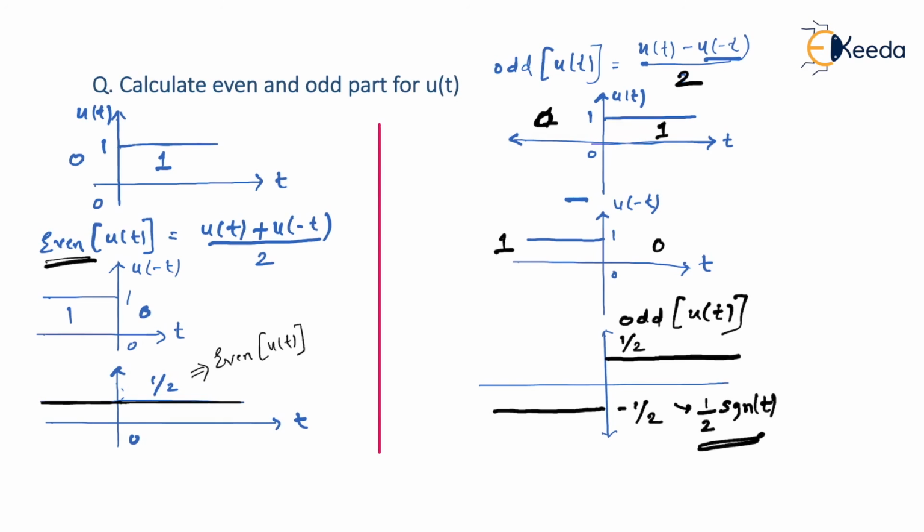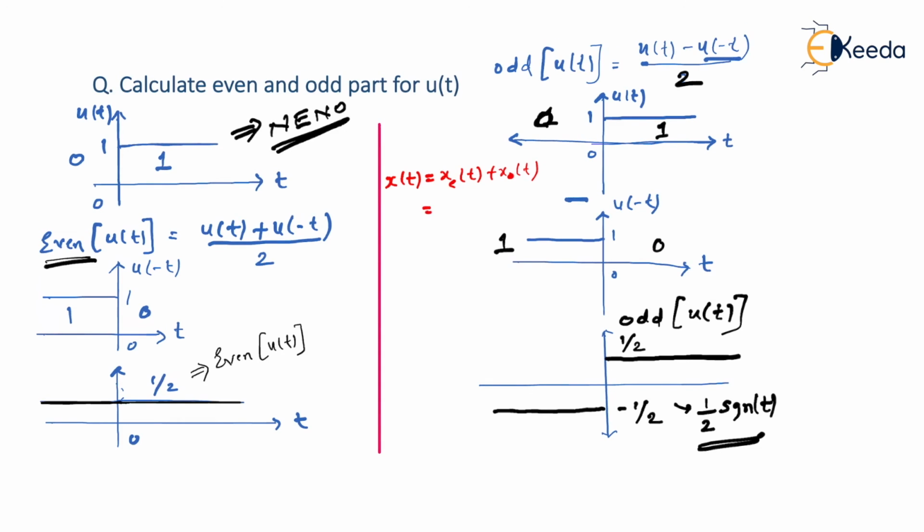So as we said earlier, if the given signal is neither even nor odd, then the given signal can be expressed as the summation of an even signal and an odd signal. That is, if the given x of t is neither even nor odd, we can write x of t as the even component of x of t plus the odd component of x of t.